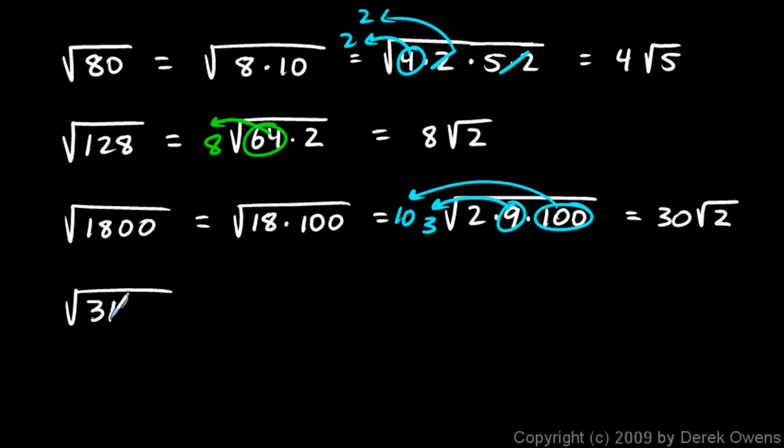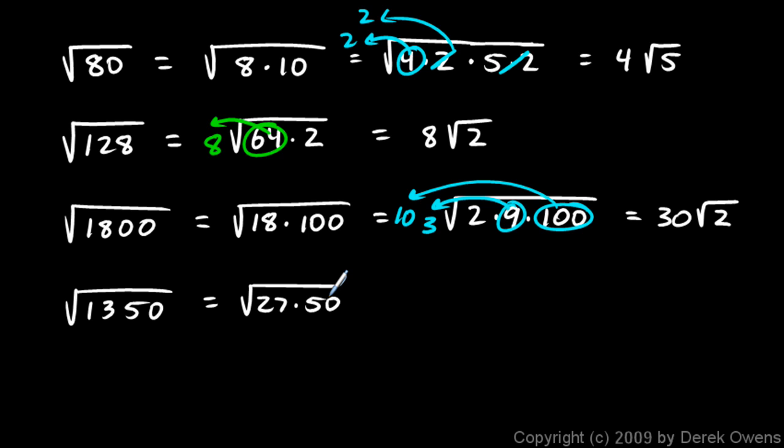And the square root of 1350. How can I factor 1350? Well, I know it's a multiple of 50, so let's figure that out. If you need to pull out the calculator, you can. That comes out to 27 times 50.